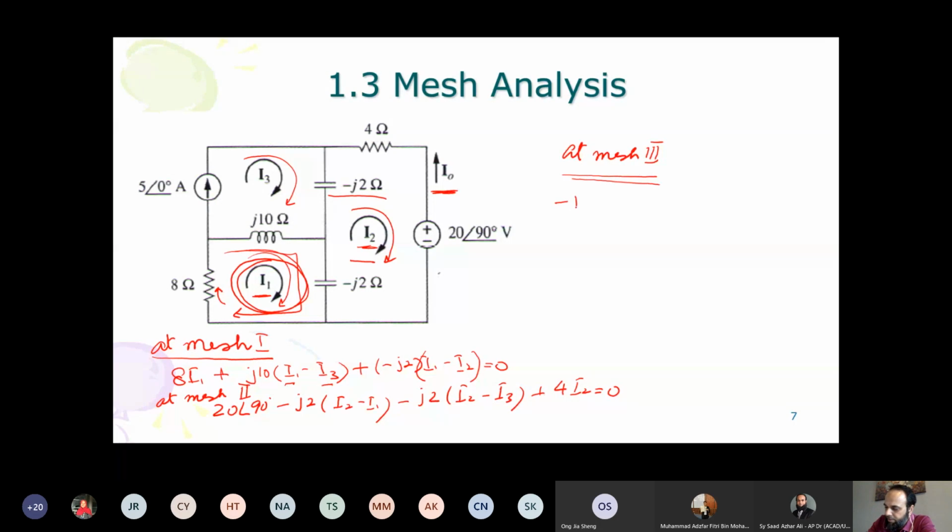Minus j2 (I3 minus I2) for this capacitor, then plus j10 (I3 minus I1) plus 5 angle 0 equal to 0. What is the mistake here? Anyone?